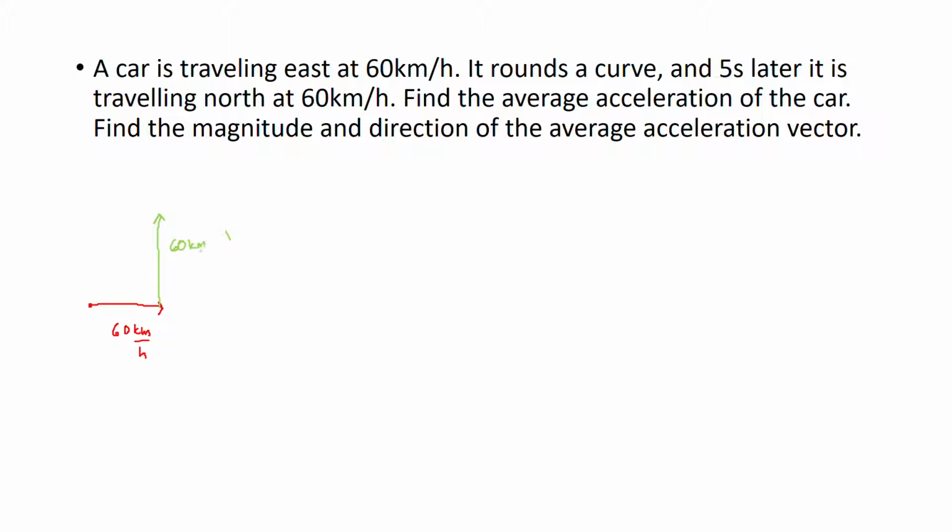Okay, so we find that we have data in seconds and we have data in kilometers per hour. Most of the time, we're gonna work in meters over second, so it would be convenient to change everything to meters over second. So I'm gonna just change 60 kilometers per hour into meters over second.